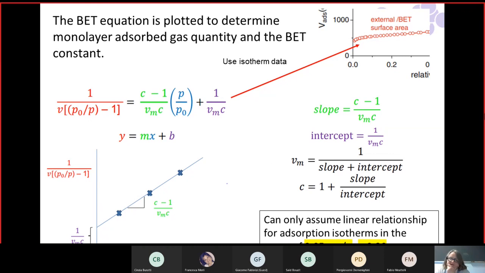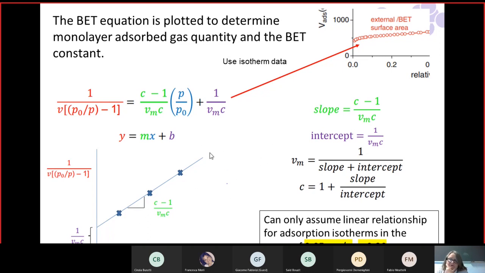The intercept is related to that, and you can solve. So the volume of the monolayer is just 1 over the slope plus the intercept, and this BET constant is 1 plus the slope over the intercept. When you do an analysis, you need to look at this to make sure it is a reasonable number, to make sure you had a good fit. You also determine how good a fit you have when you look at the data.